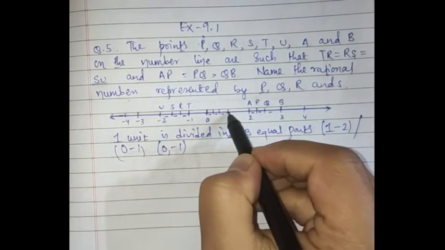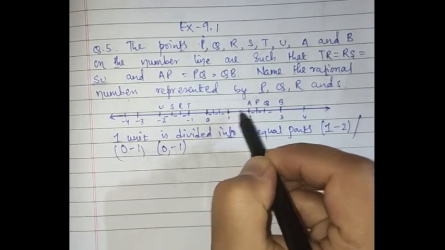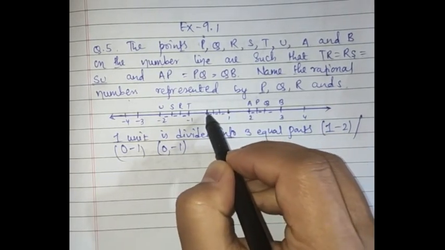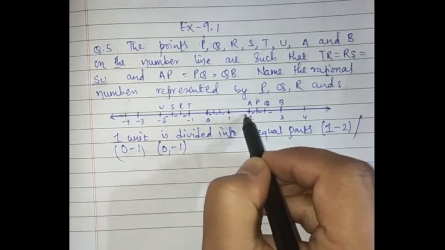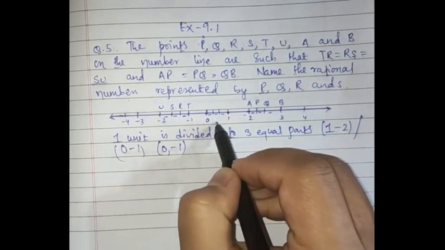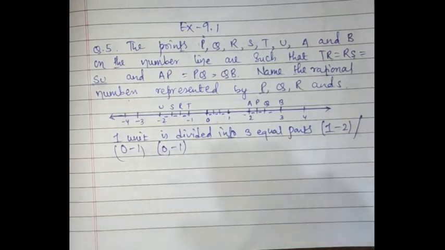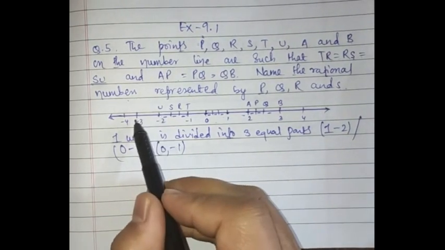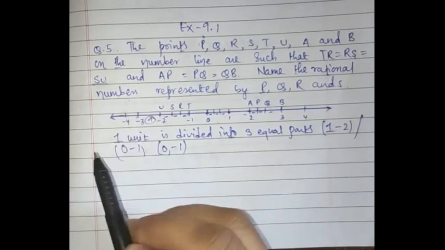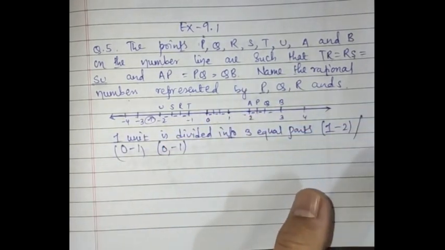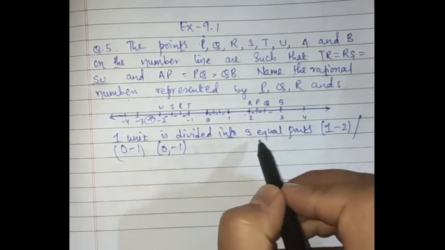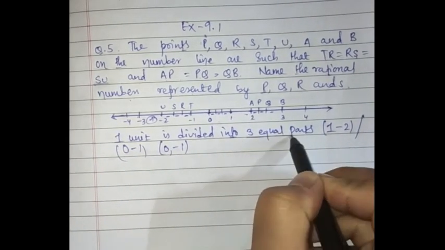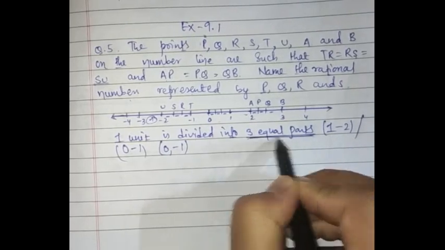If you are moving from 0 to 2, then there are 2 units, 1 and 2. From 0 to 1 there is only 1 unit. I hope you are clear with the portion of a unit also. So from minus 2 to minus 3 there is 1 unit. Okay, so do not get confused with that. So each unit is divided into 3 equal parts. That is the major important thing here.